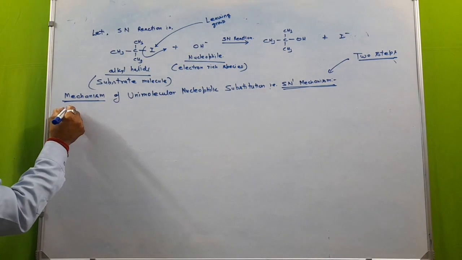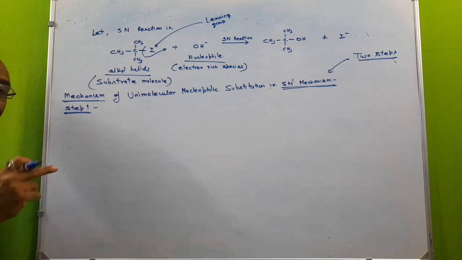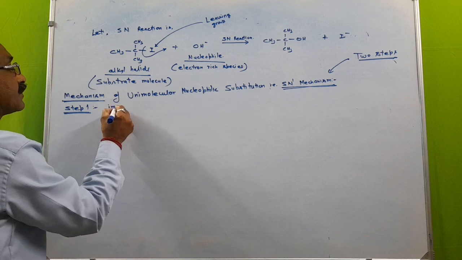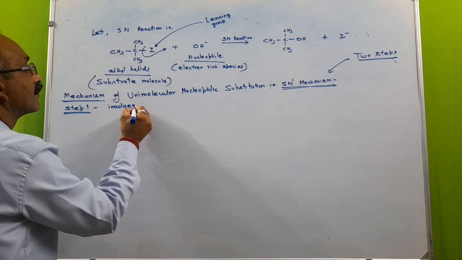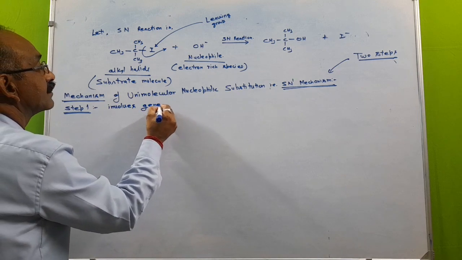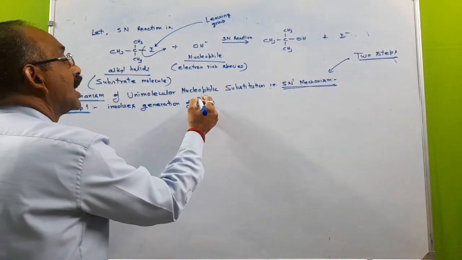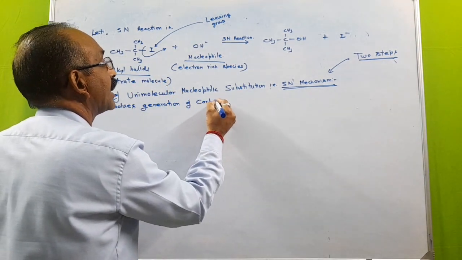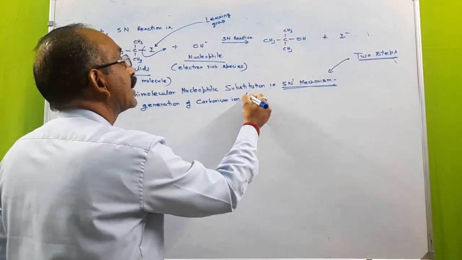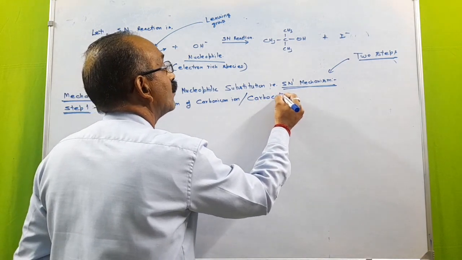What happens in step 1? In step 1, this involves here generation of a carbonium ion, or we may call it, this involves generation of carbocation.